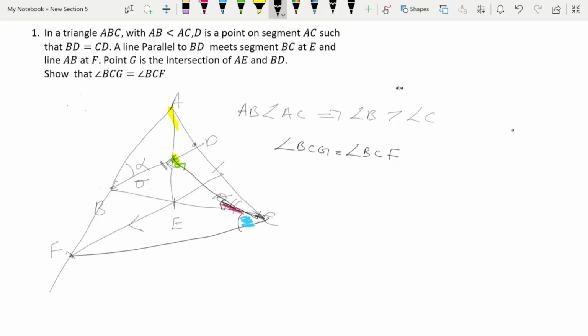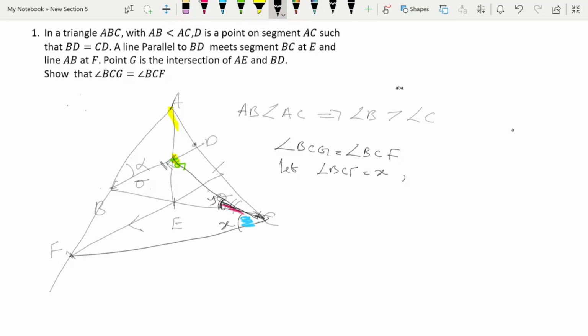A good way to start: if you look at this diagram, there are a ton of cevians, lines from the vertices of the triangle just going around. So let's try chasing angles first and see what we have.